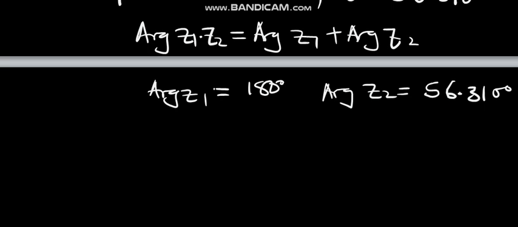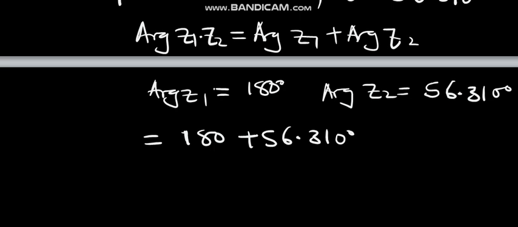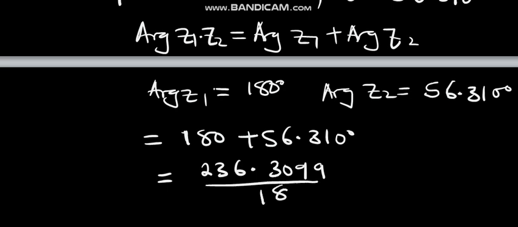So now the final answer is going to be 180 plus 56.310 degrees. So the final result is 236.3099 out of 180, and it should be in pi. So the final answer is 1.313 pi. Is that okay?